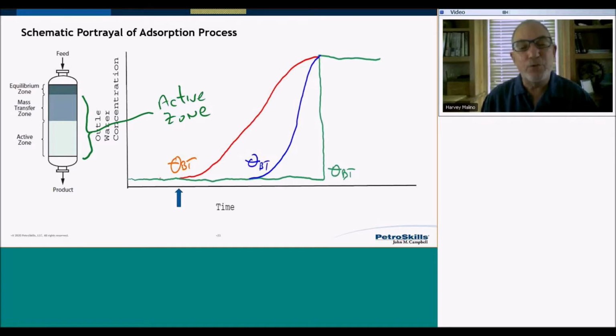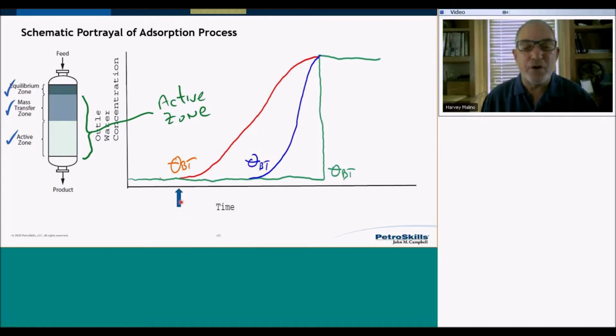The blue curve is what's shown in this diagram over here, where you have an equilibrium zone, a mass transfer zone that is already formed, and an active zone that is going to move down the bed as the cycle continues.